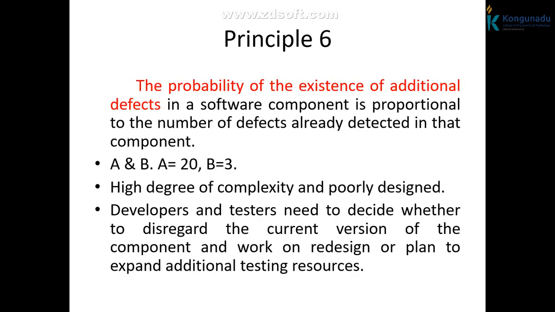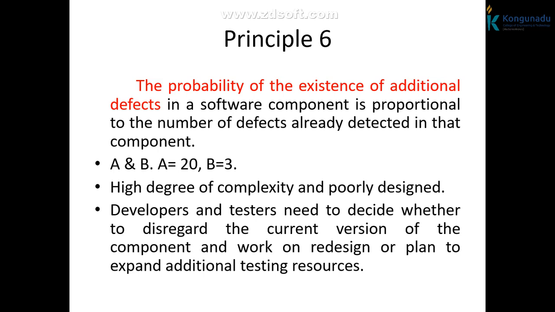Okay, so next one is principle 6. The probability of the existence of additional defects in the software component is proportional to the number of defects already detected in that component. Okay. For example, if there are two components, A and B, okay, testers have found 20 defects in A component and 5 defects in B component.